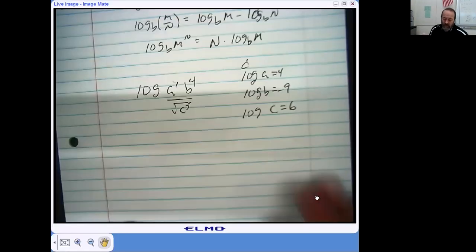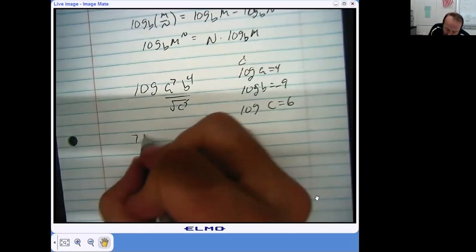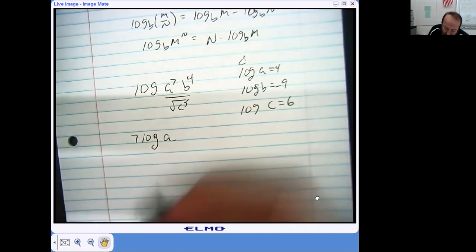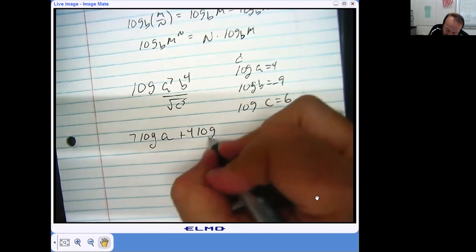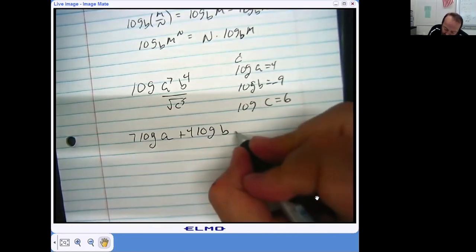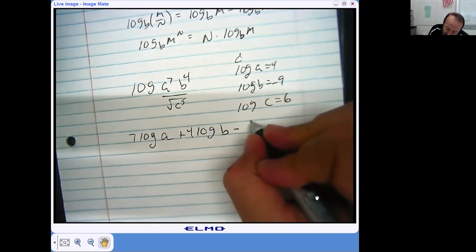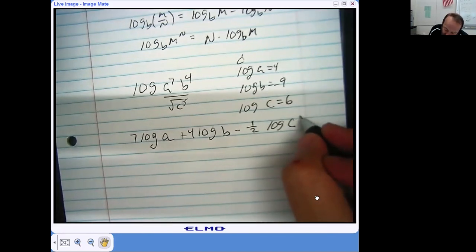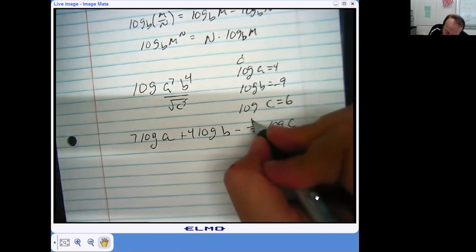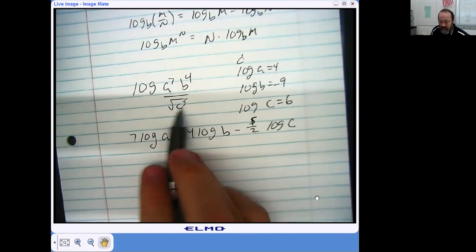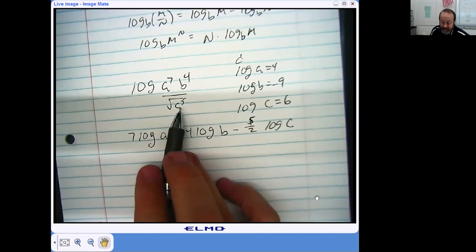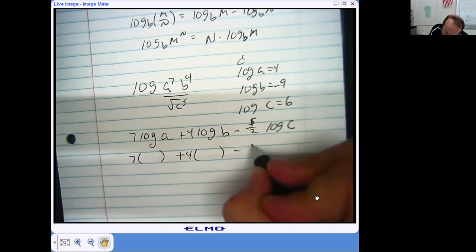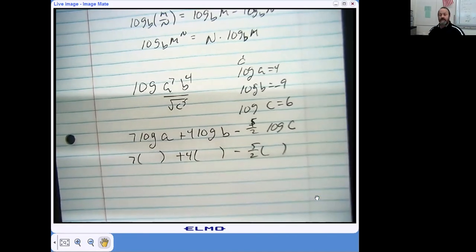So according to the rules of logs that we used a moment ago, I could rewrite this as 7 logs of a plus 4 logs of b, and then minus 1/2 the log of c to the 5th power, but that means I could bring that 5 out in front. So reality is this is the 5/2 power. Well, what makes this kind of nice is they have already handed me the answers to all of those.